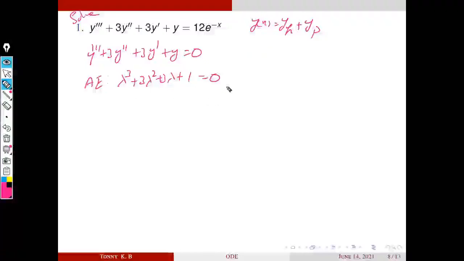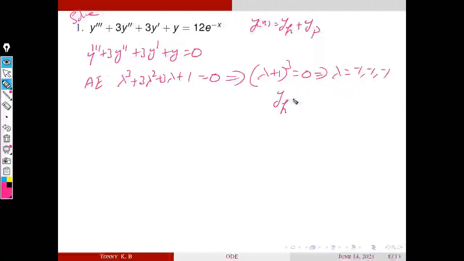Next you have to solve this problem. How to solve this third order algebraic equation? This is very easy because it's actually lambda plus 1 whole cube equal to 0, and this implies lambda equal to minus 1, minus 1, minus 1. So the roots are minus 1 with multiplicity 3. So what is our YH?